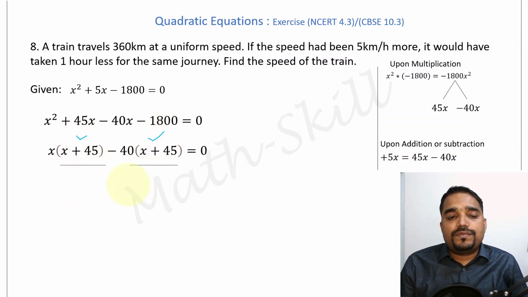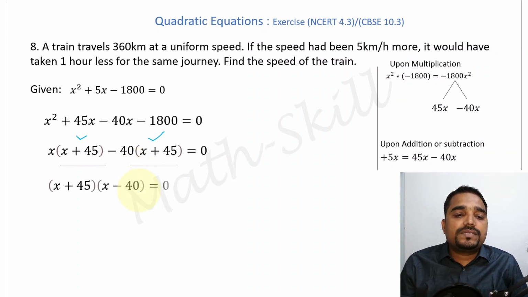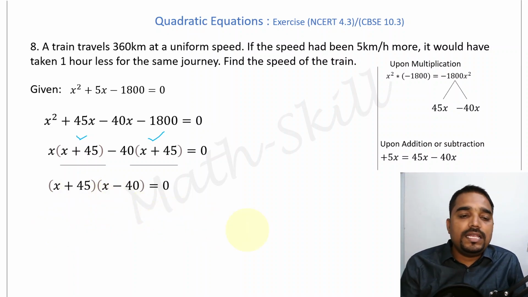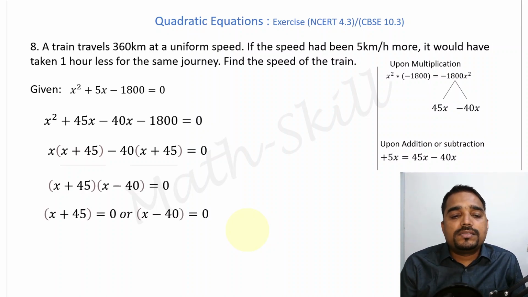Let us take x plus 45 common, wherein we are left with x and minus 40 from first and the second term equals 0. Now when a multiple is equal to 0, that is a into b is equal to 0, either a is equal to 0 or b is equal to 0. That is, either x plus 45 equals 0 or x minus 40 equals 0.